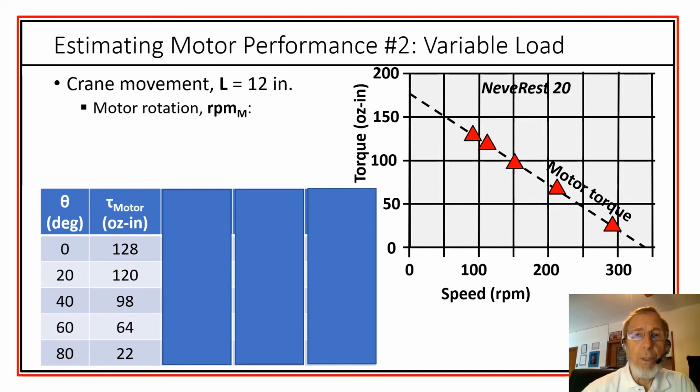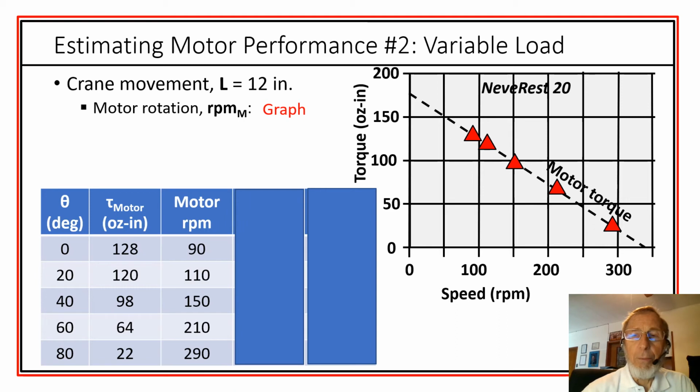The motor rotation in terms of RPM is going to be read directly from the graph because the motor speed corresponds to the motor torque for each of those triangular symbols. I simply read those numbers. So the motor RPM varies between 90 and 290 for these different angles.